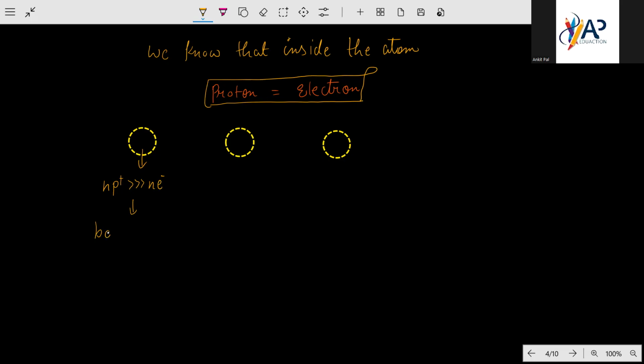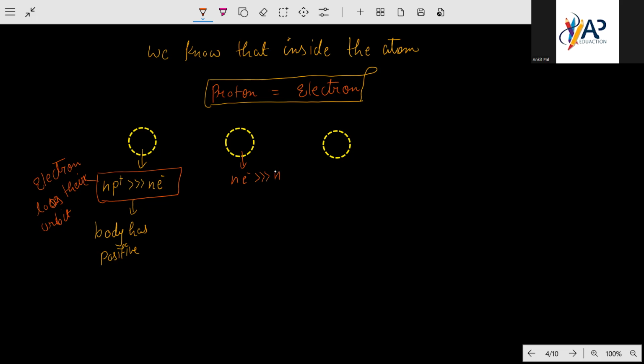This happens when electrons lose their orbit. When the number of electrons is greater than the number of protons, it means the body is negatively charged.